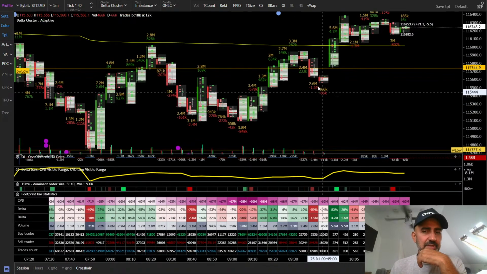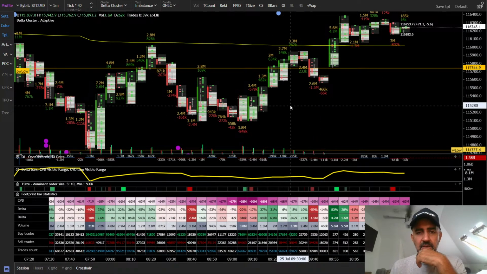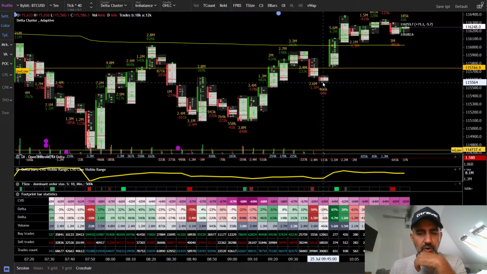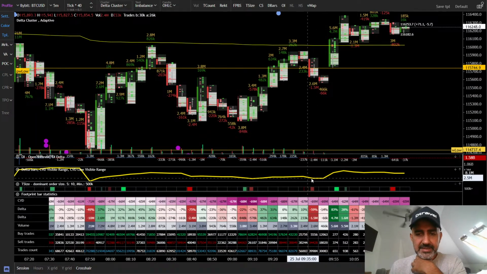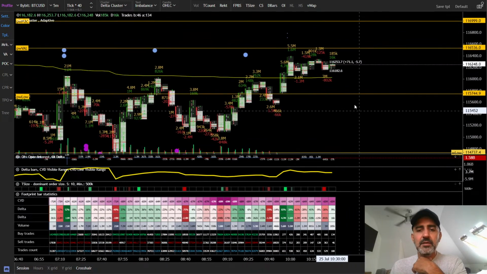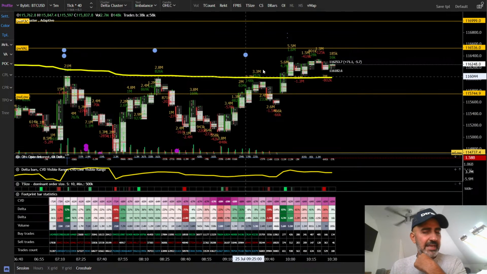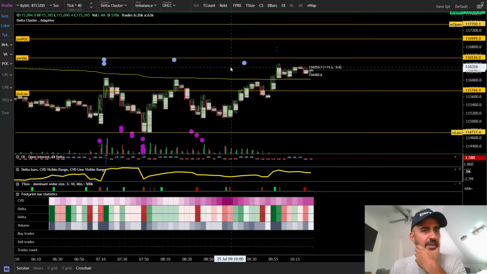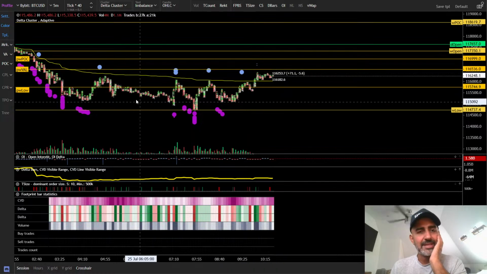There's a little bit of absorption. There's a little bit of bullish divergence here on this latest push up from 9:45 a.m. CVD went lower, price was higher. So there's a little bit of bullish divergence here. But we are into local resistance, being the breakdown area.